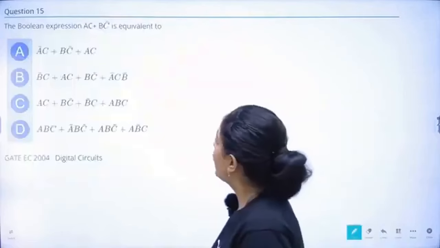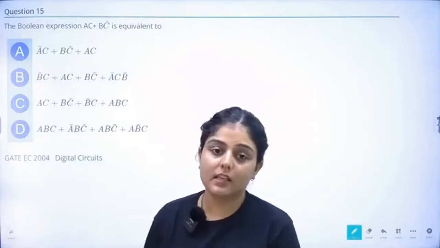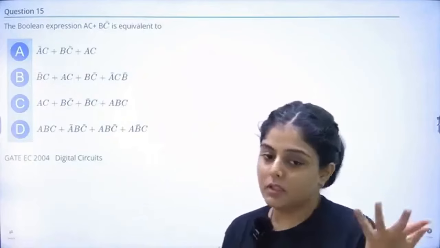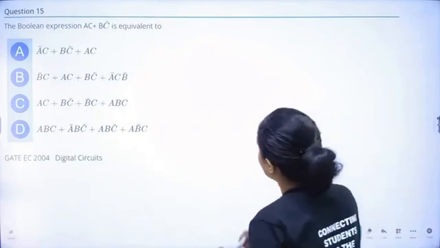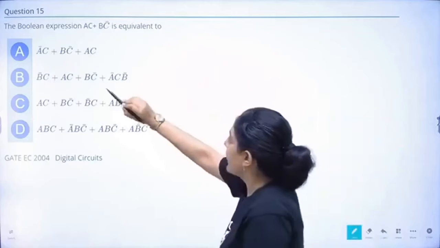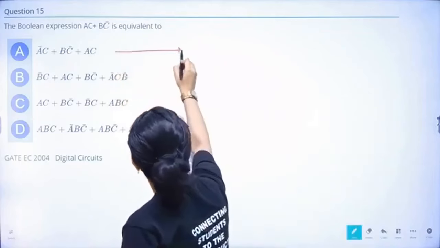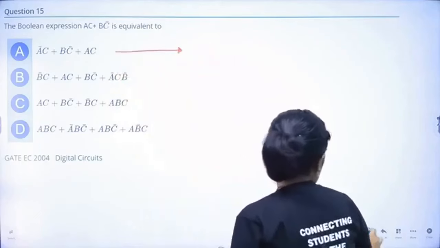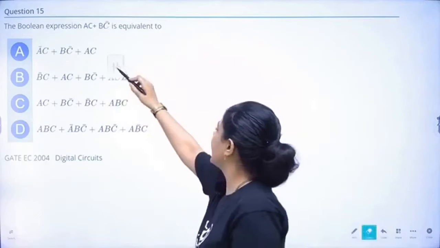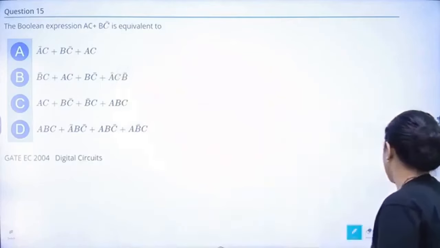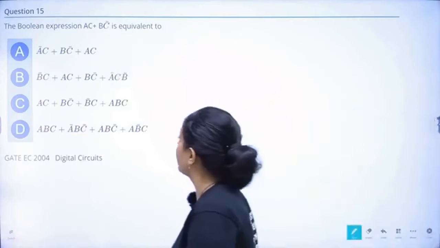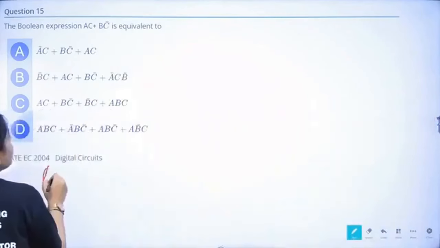The expression A plus B. The best way to find it out is by K-map. D C bar. Then you can solve it by an expression also.